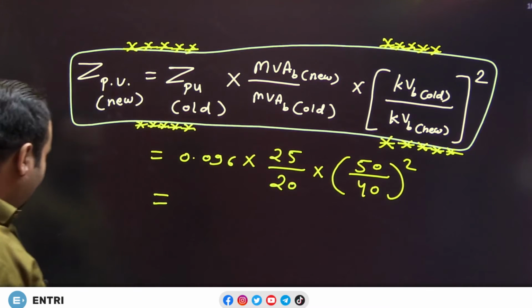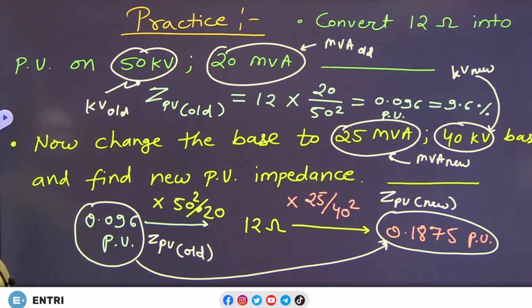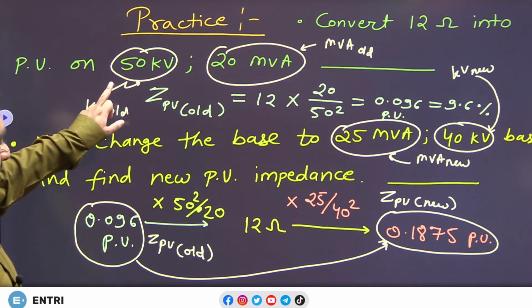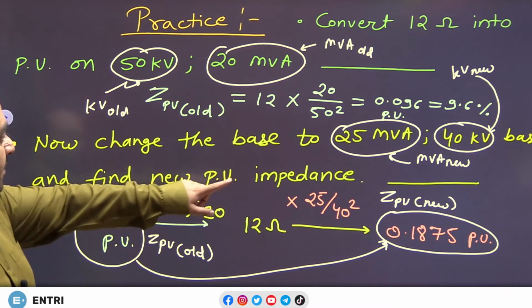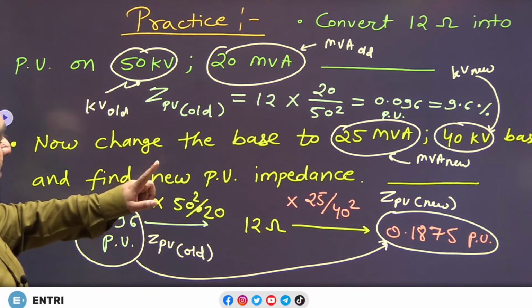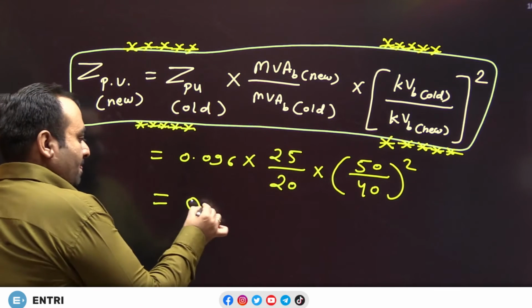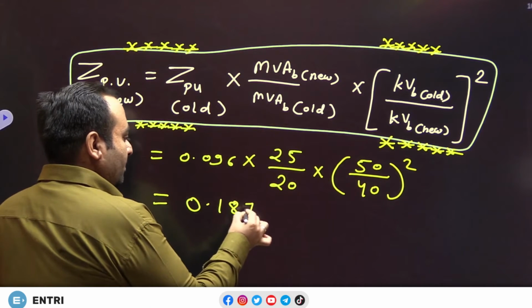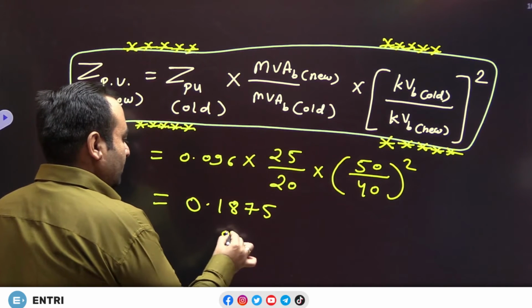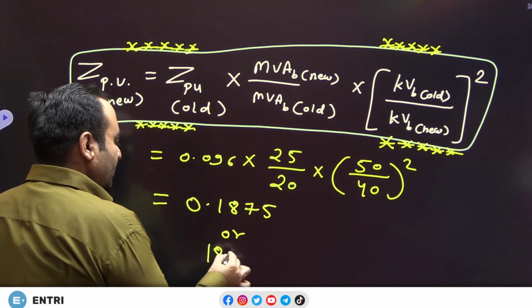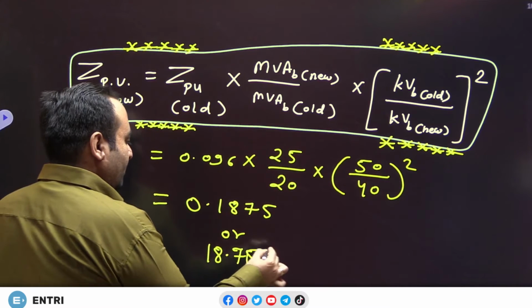I think I have written the correct values, is important. So earlier it was 50 kV, kV old, new kV is 40. So 50 by 40 whole squared and then 25 by 20. I think it's correct. So 0.1875 or 18.75%.